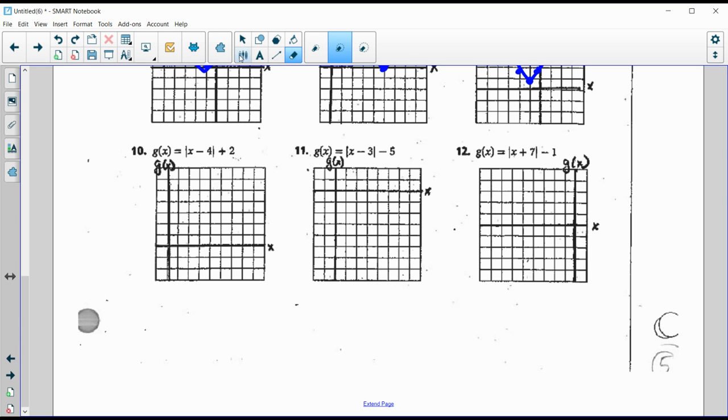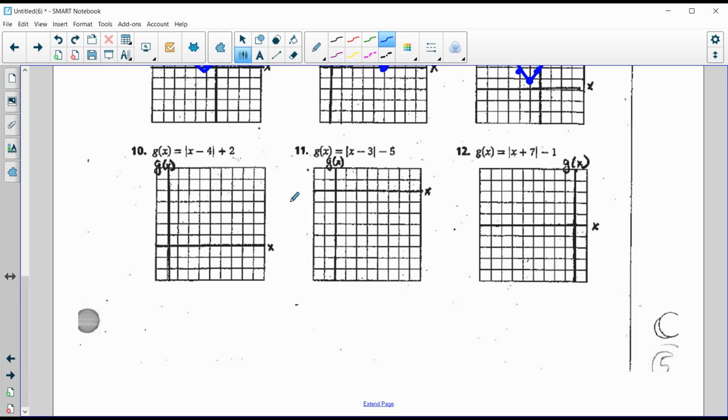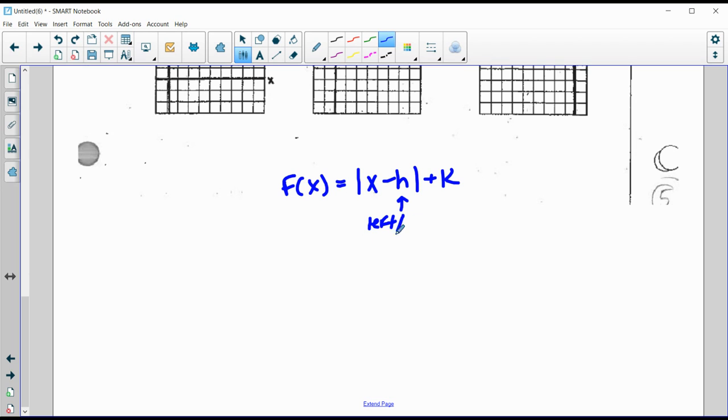Okay, so let's look at some examples of graphing absolute value functions that have been translated. According to the function f of x equals the absolute value of x minus h plus k, h controls translating left or translating to the right.